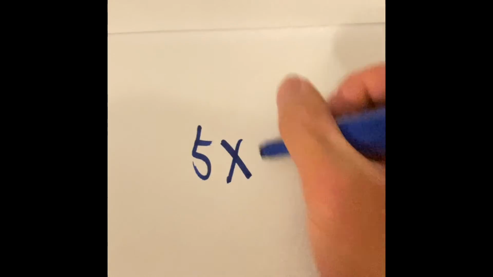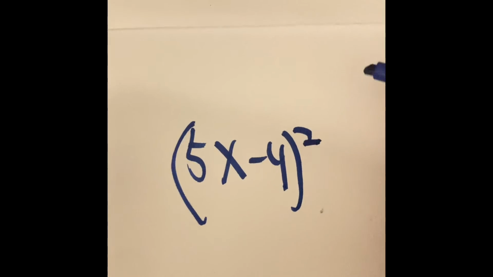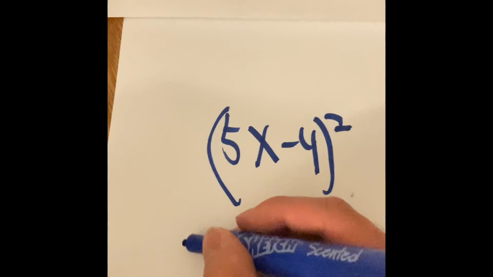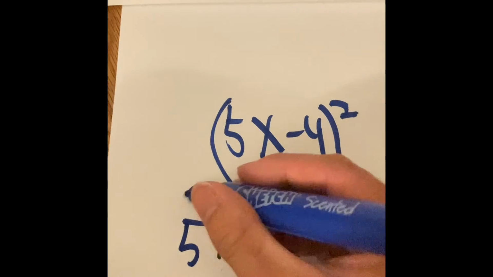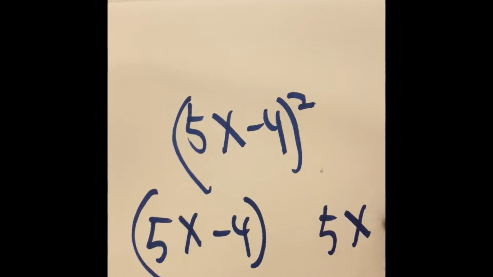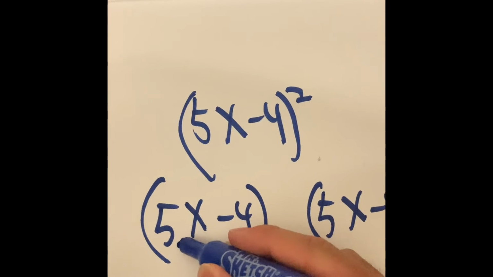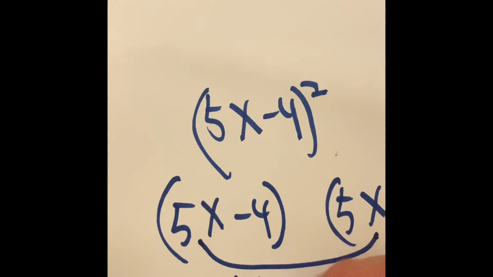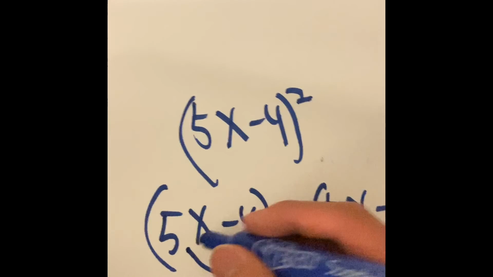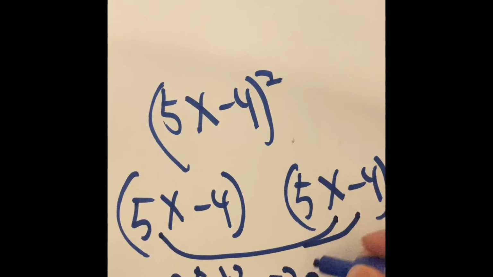5x minus 4, parentheses, squared. What we'll have to do is turn it into twins: 5x minus 4 and 5x minus 4. Let's multiply. 5 times 5 is going to be 25x squared. 5x times negative 4 is negative 20x.